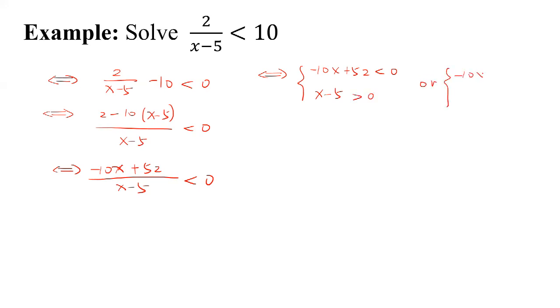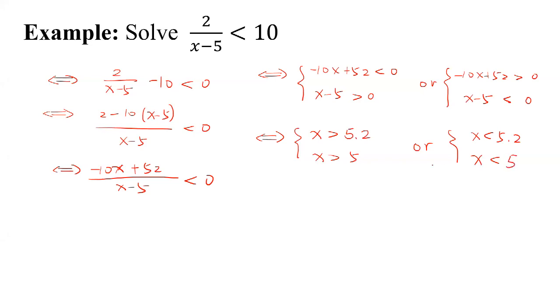Or the numerator here is greater than 0 and denominator at the same time is less than 0, right? And this is equivalent to x greater than 5.2 and x more than 5, or x less than 5.2 and at the same time x less than 5, right?